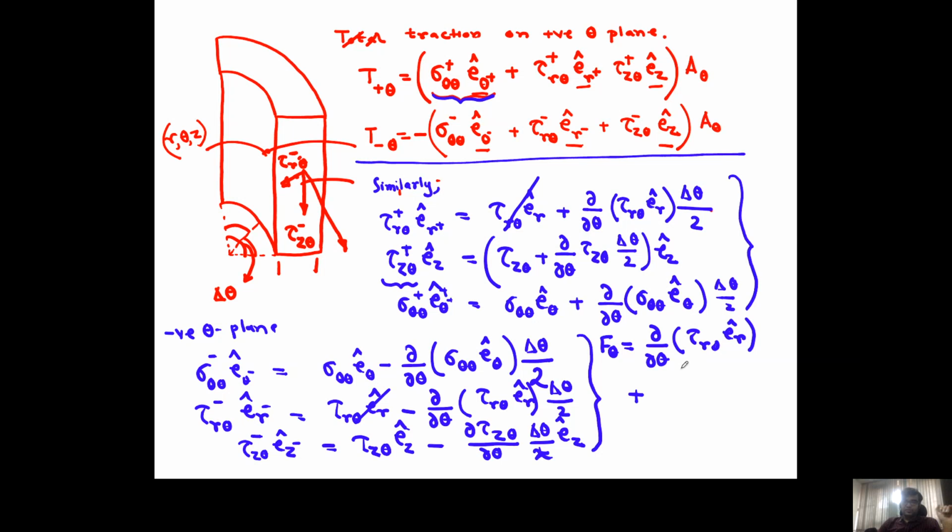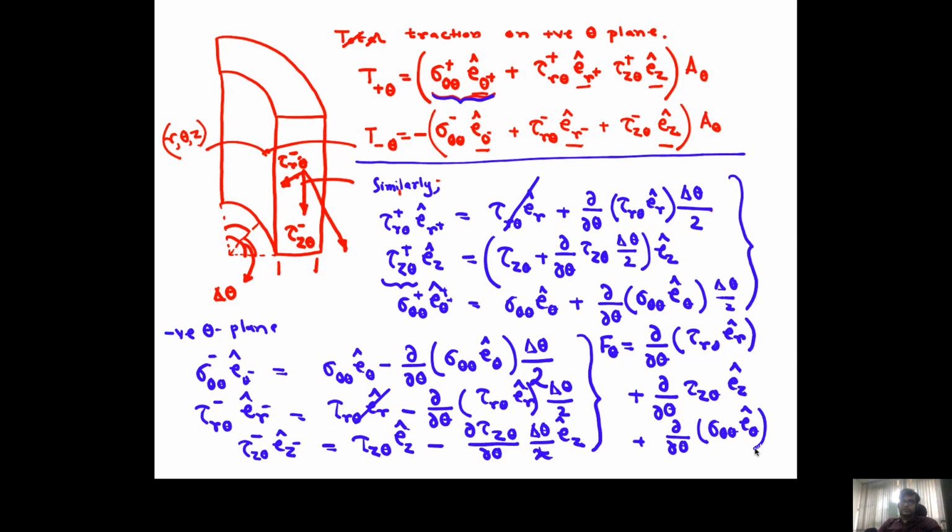Then plus, the rest is quite clear to you. So again, this will happen the same. This will have the same thing. So the next term is also del theta tau z theta Ez, and the last term del theta, then there is sigma theta theta E theta hat, right?